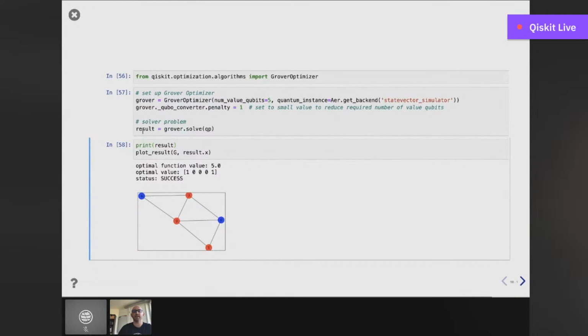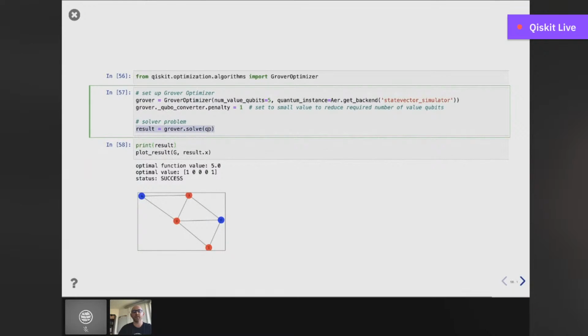But you see that in Qiskit optimization, you can very easily test two completely different algorithms on the same problem, and the only thing you have to change is which algorithm you import. On top of that, the minimum eigen optimizer, you have seen, is built in a very modular way.